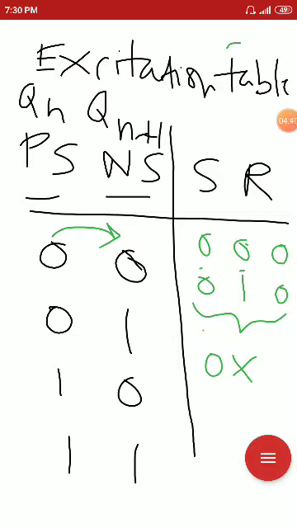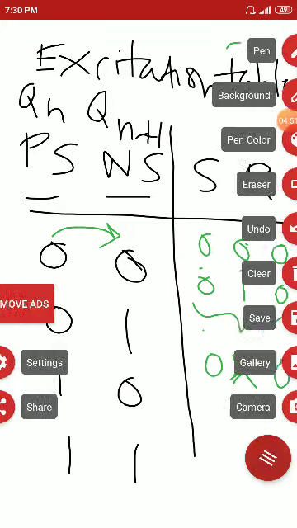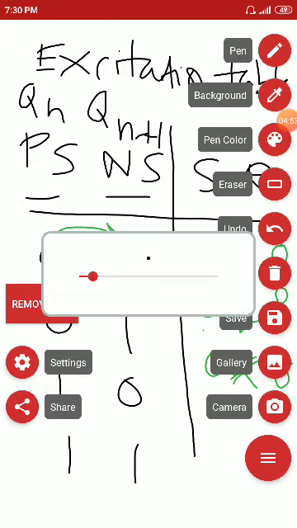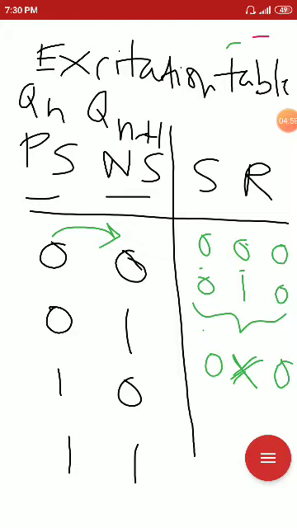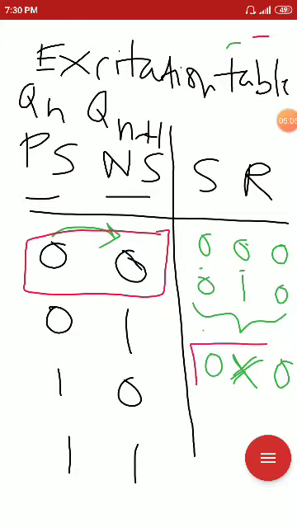So when the input is 0, don't care, the next state will always be 0. This is the first case: for this state, the values of S and R will be 0, don't care.